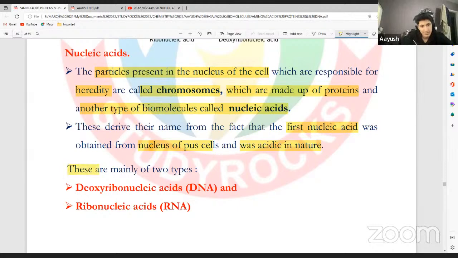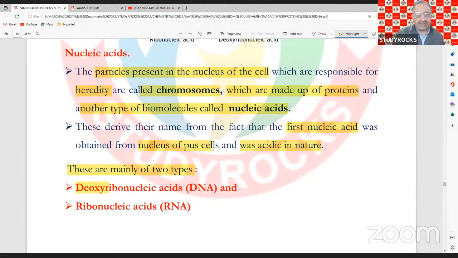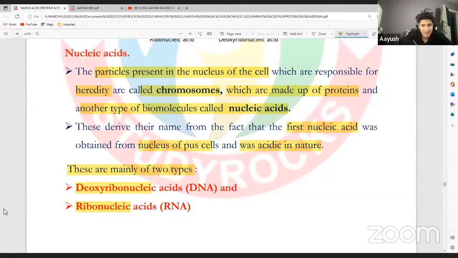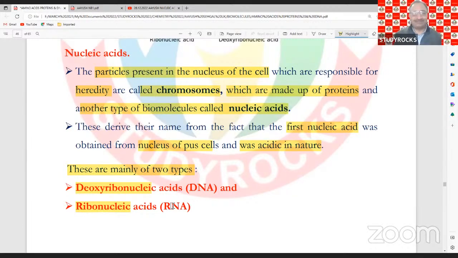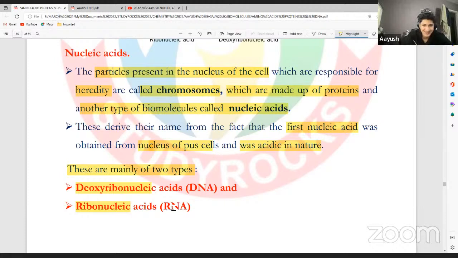These are mainly of two types, deoxyribonucleic acids and ribonucleic acids. DNA and RNA, very famous. Even a layman knows DNA testing, DNA fingerprinting. Even the man walking on the road knows the DNA test. It is so popular. People almost tease each other, saying this is in your DNA, you are like this because your DNA is like this.